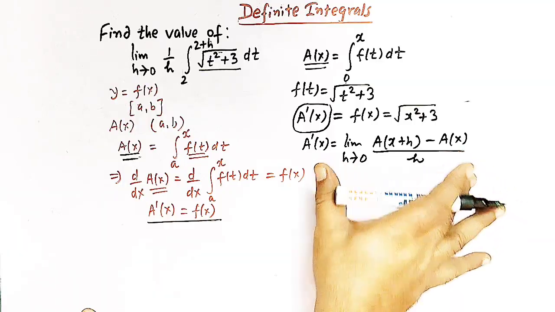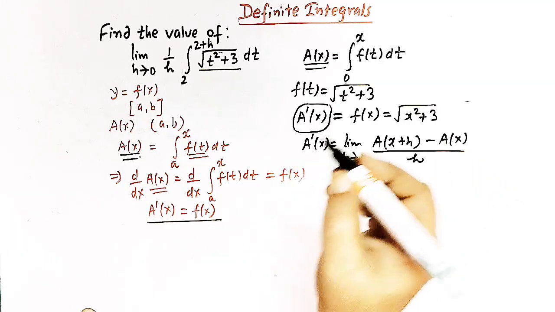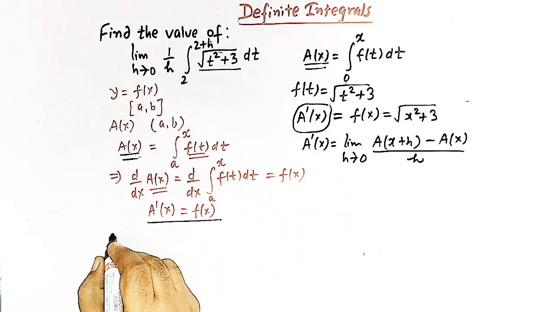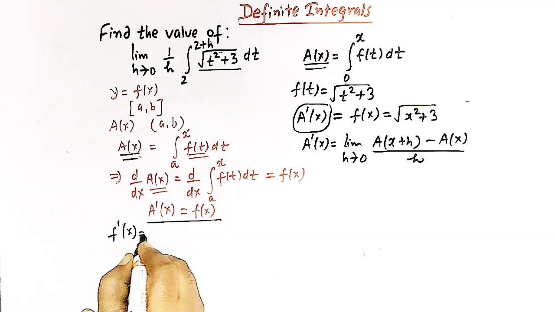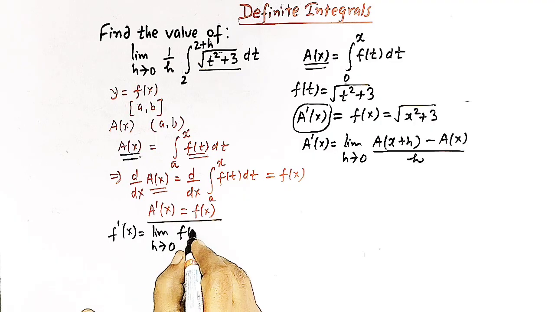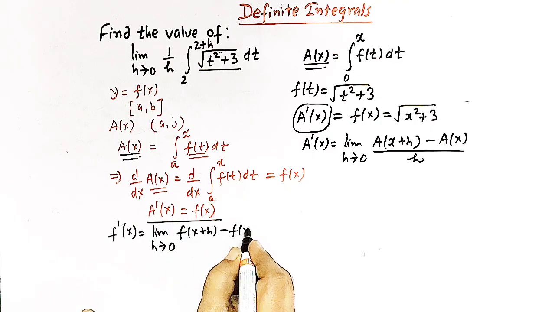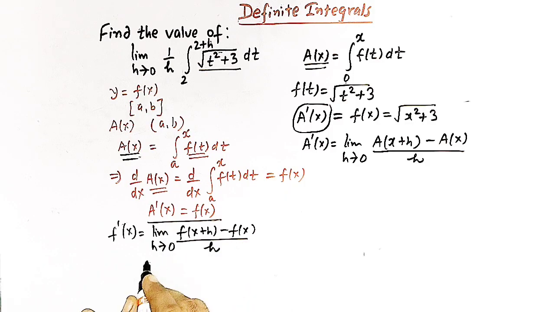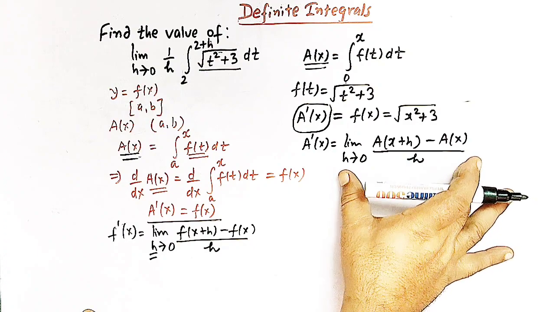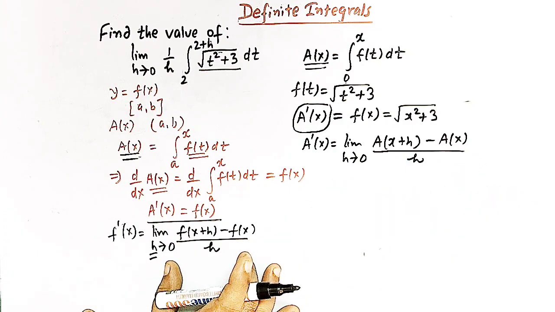Here we have used the definition of the derivative: if y is equal to f of x, then the derivative f prime of x is the limit h tends to 0 of f of x plus h minus f of x divided by h, where h is a positive quantity that is infinitesimally small.